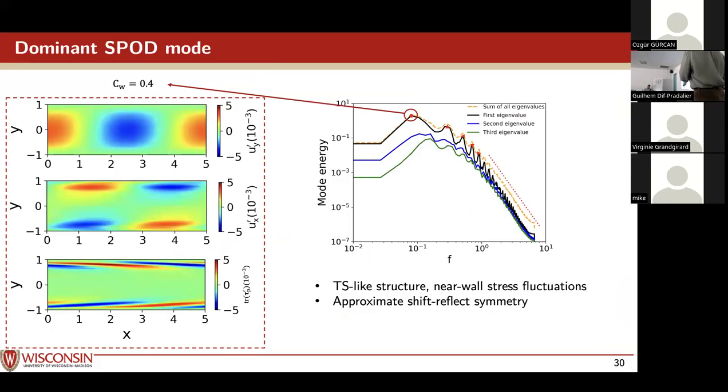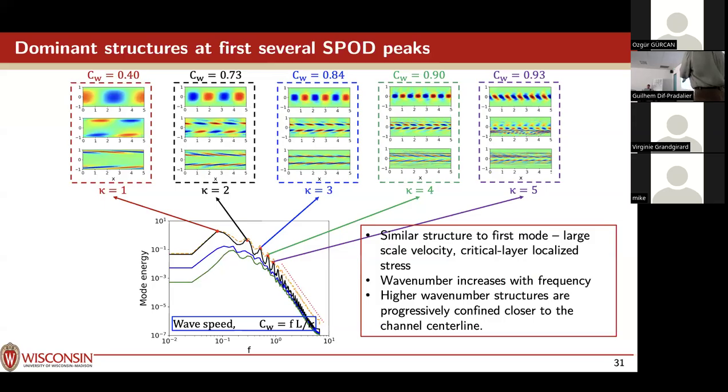This is the first peak. It looks very similar to the Tollmien-Schlichting wave: wall-normal velocity, and polymer stretching in these localized sheets in the critical layer. This is the first mode. This is the second mode, which has the same basic structure as the first, except it's squeezed in toward the center.